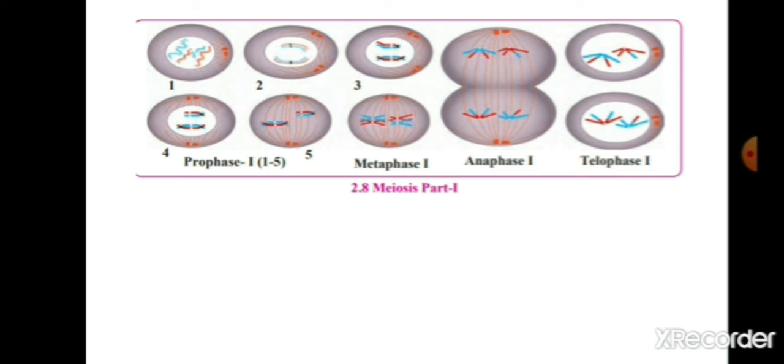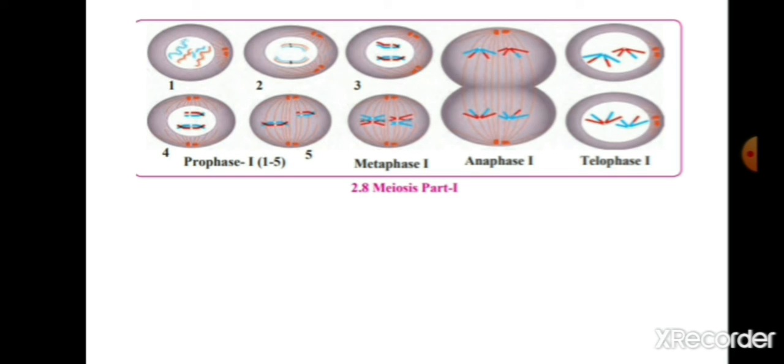Meiosis is completed through two stages. These two stages are meiosis 1 and meiosis 2. In meiosis 1, recombination, crossing over occurs between homologous chromosomes. This results in genetic recombination.